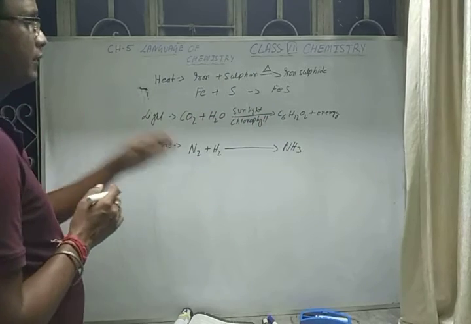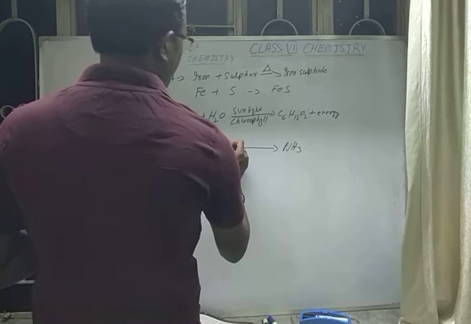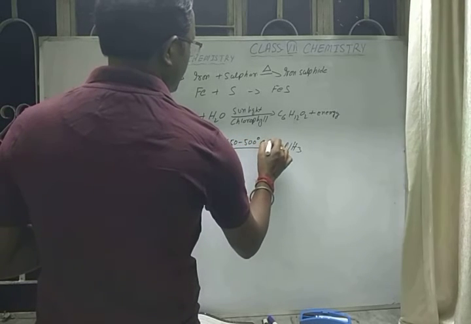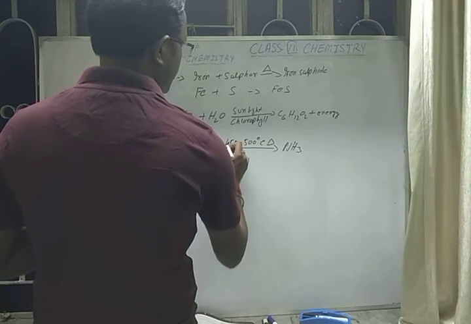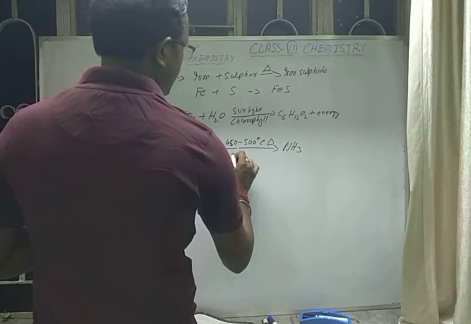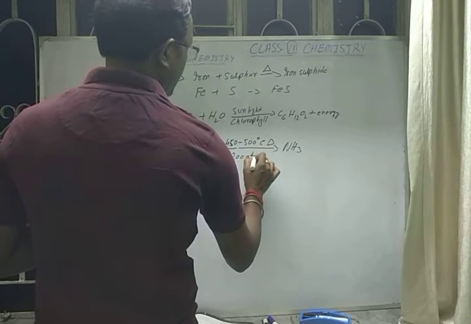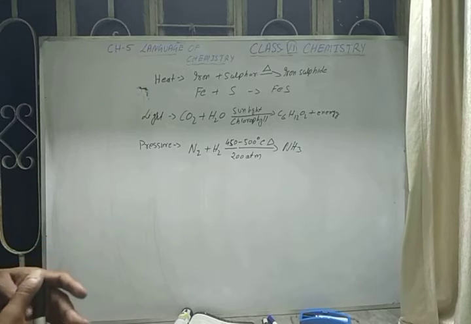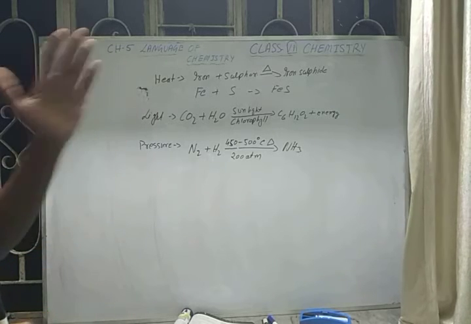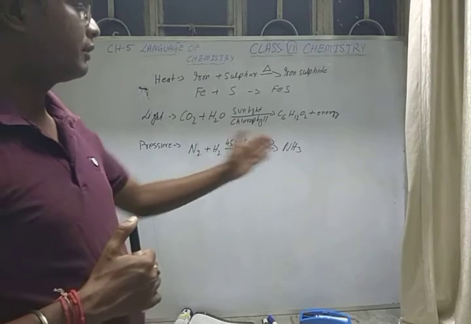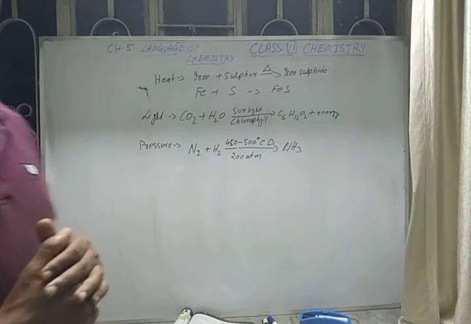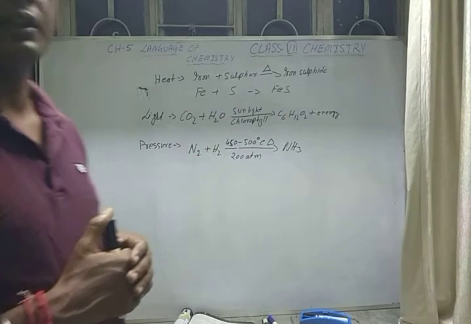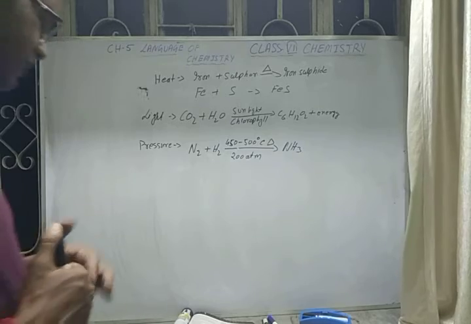First of all, it needs to be heated from 450 to 500 degree Celsius. You need to heat at this temperature, and the pressure is approximately 200 atm. High pressure is required to react nitrogen and hydrogen to become ammonia. So this is an example where pressure is required for a chemical reaction.